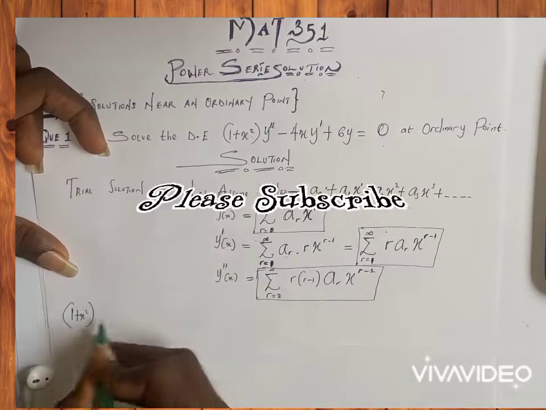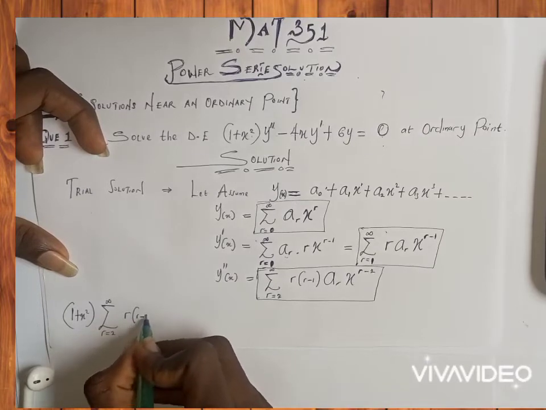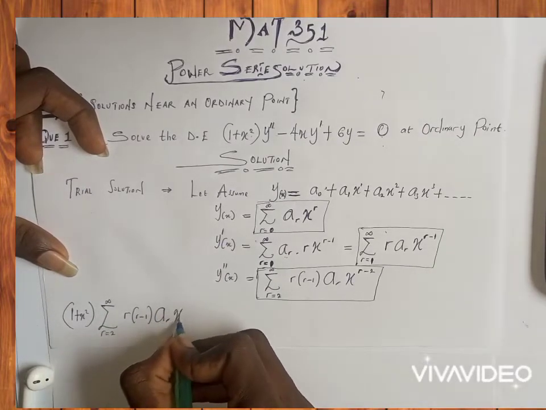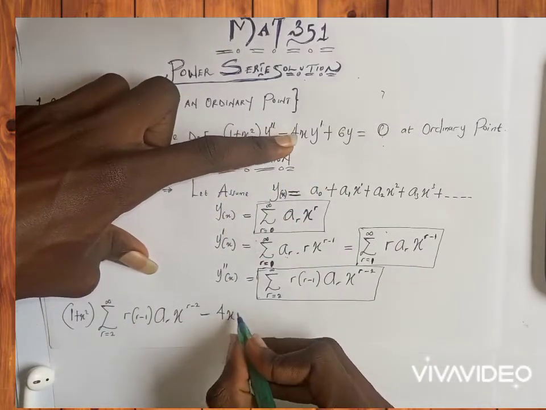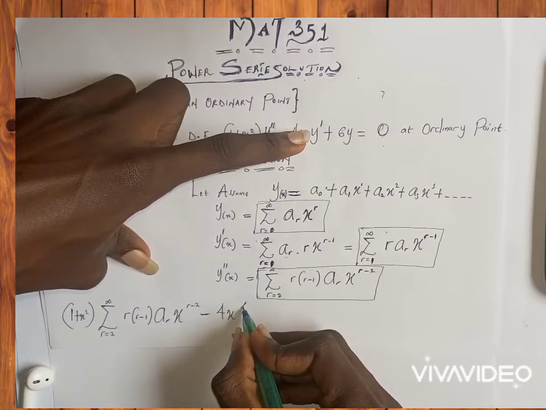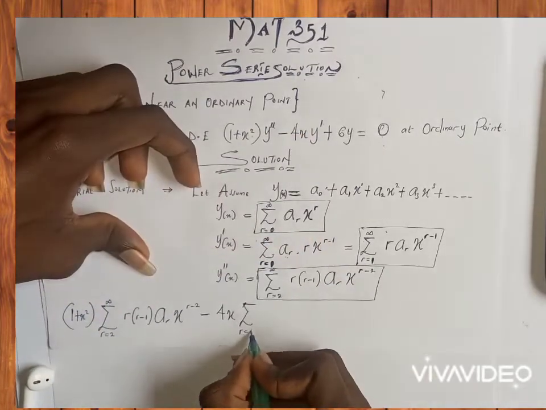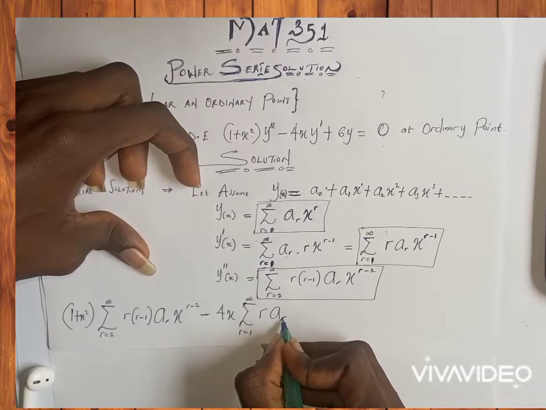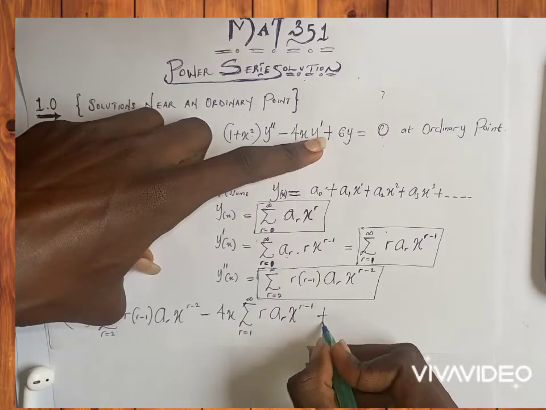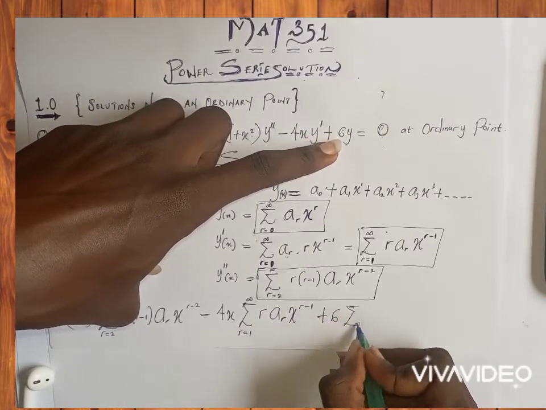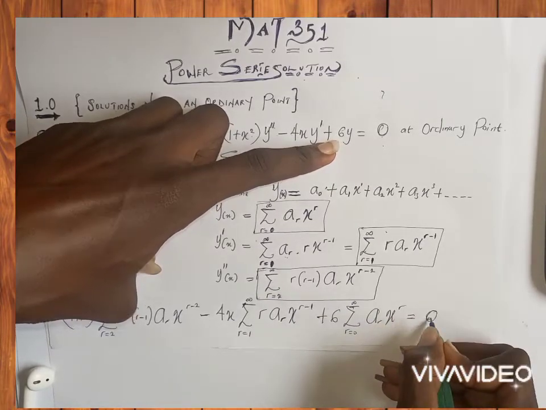We got our second derivative as the summation from r = 2 to infinity of r(r − 1) a_r x^(r−2), then minus 4x times y prime, which is the summation from r = 1 to infinity of a_r x^(r−1), then finally plus 6y, where y is the summation from r = 0 to infinity of a_r x^r, equals 0.